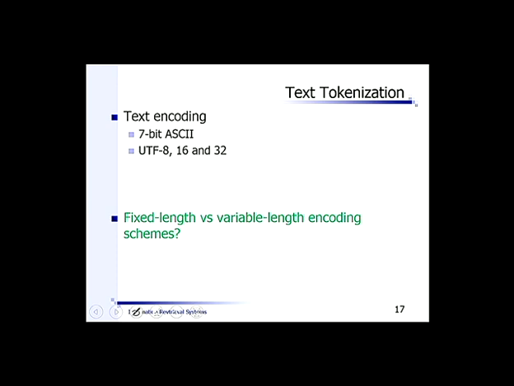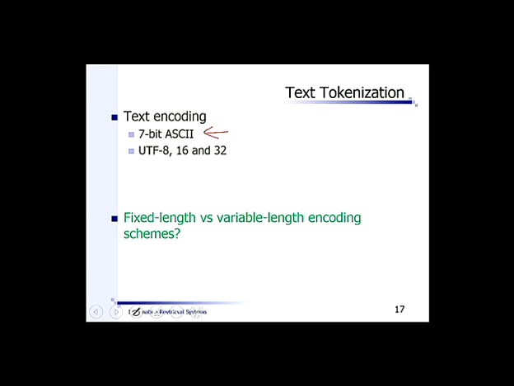Now, whenever we want to tokenize any document, we need to understand the characters first. For understanding the individual characters, we need to know how they are encoded. I believe all of you are well familiar with the old ASCII format.